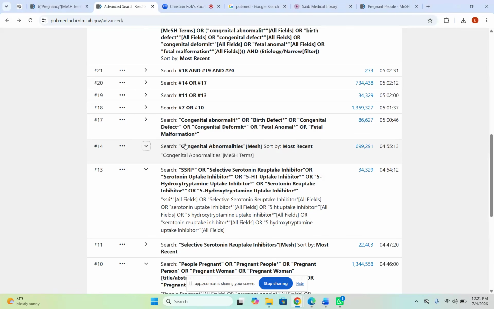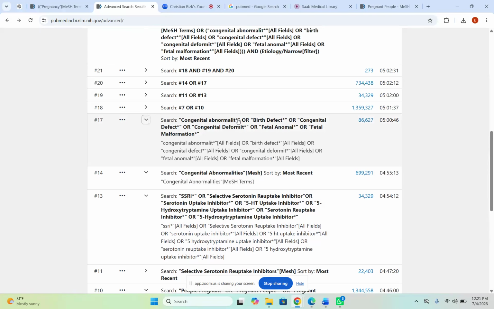Then we ORed the MeSH and the keywords for each concept: OR for the pregnancy MeSH and keywords, OR for the second concept, SSRIs MeSH and keywords, and the same for congenital abnormalities. And we did the AND for the three concepts together.